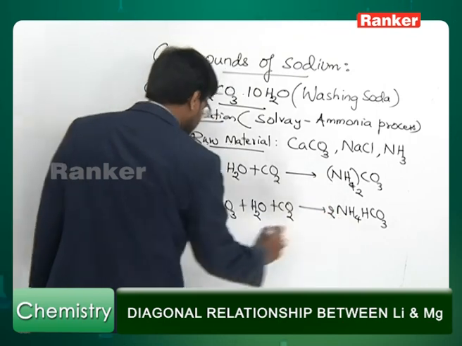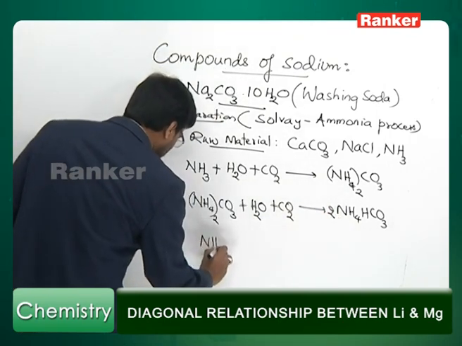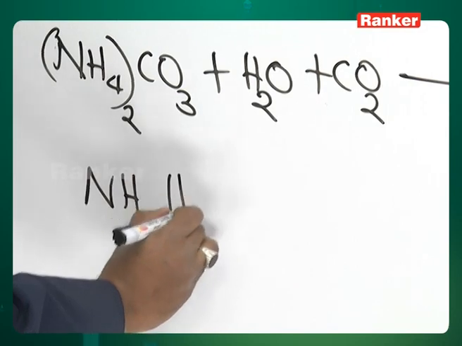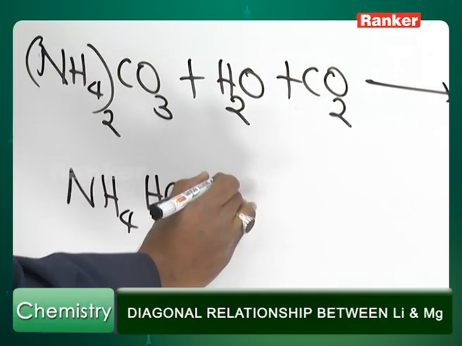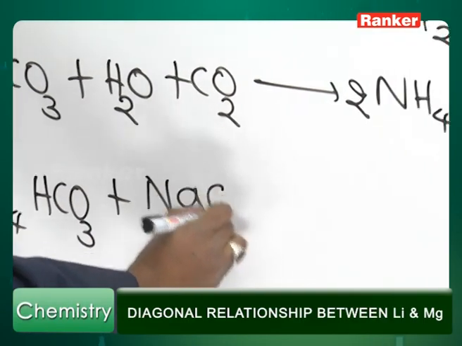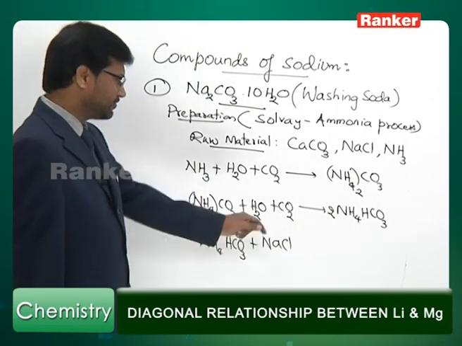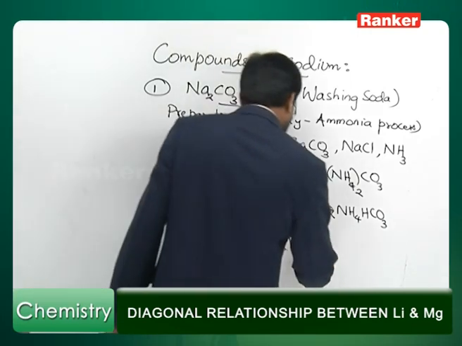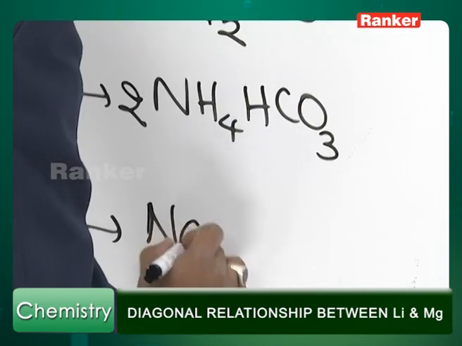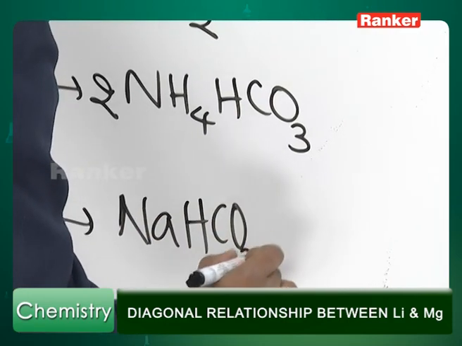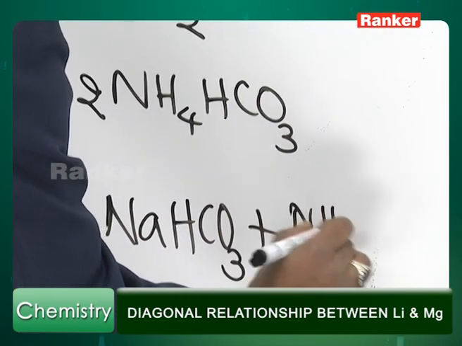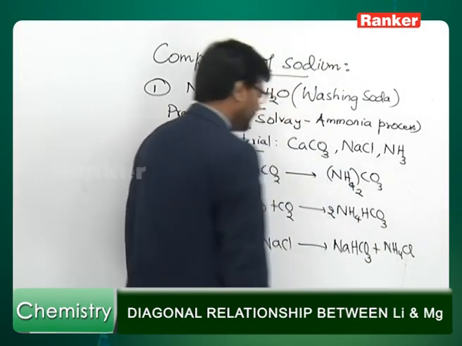And then ammonium bicarbonate reacts with sodium chloride and you get NaHCO3 plus NH4Cl.